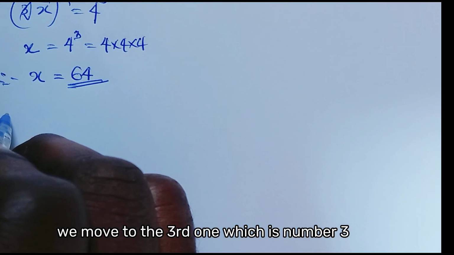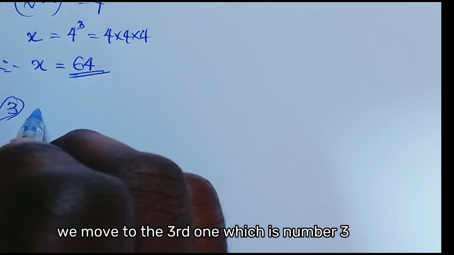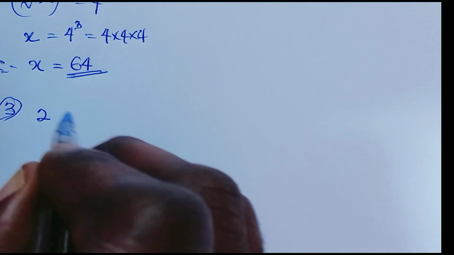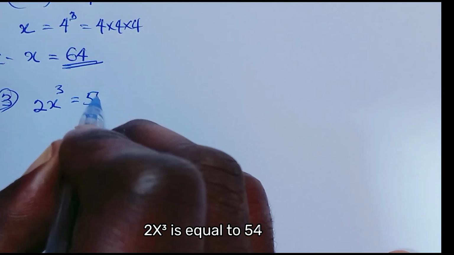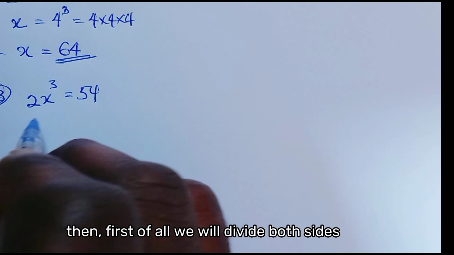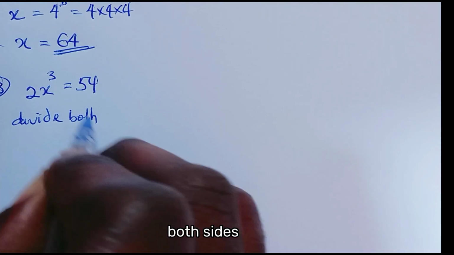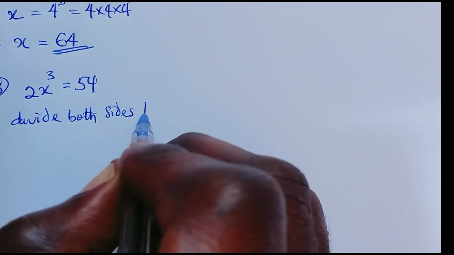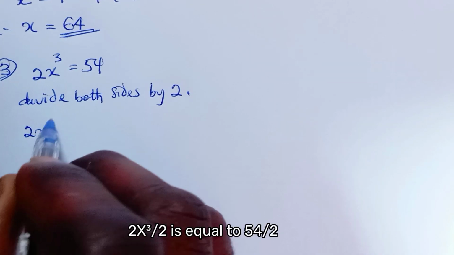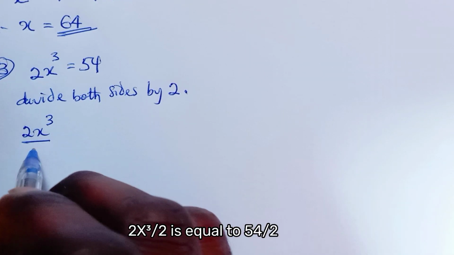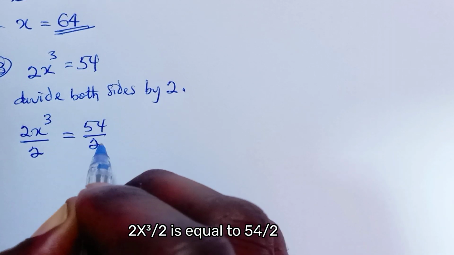We move to the third one, which is number 3. 2x raised to power 3 is equal to 54. Then first of all, we divide both sides by 2, where we have 2x raised to power 3 all over 2 is equal to 54 all over 2.